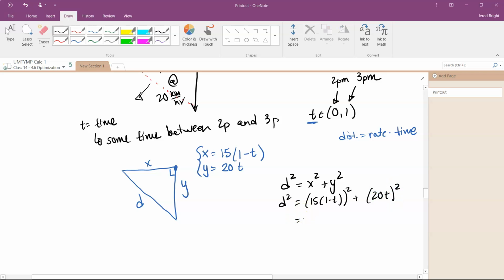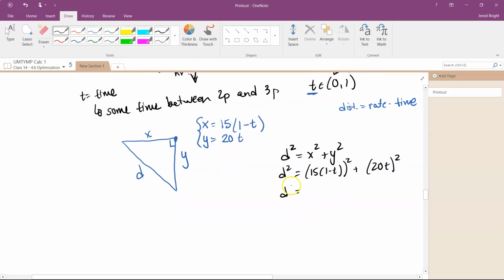If you simplify this out, it could be easier to leave it as d squared rather than a square root, and you end up getting 625 t squared minus 450 t plus 225 after you FOIL it all out and collect terms.